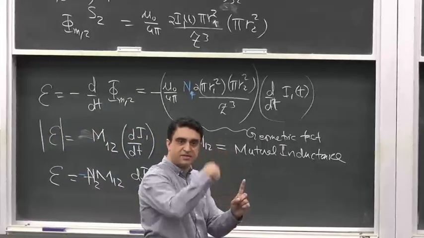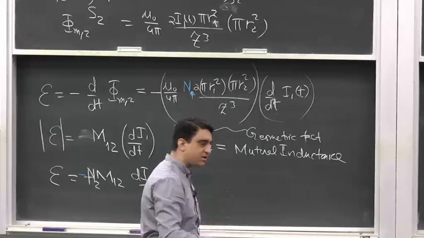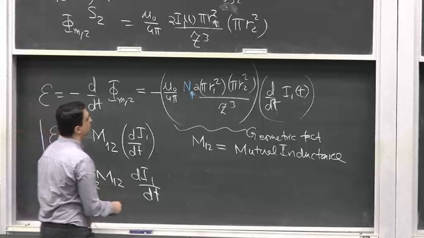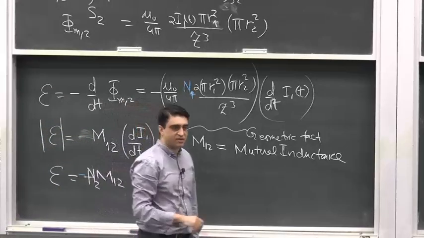Because you have N1 loop currents, not one loop current. So inside M12 you would have this N1 included as well.